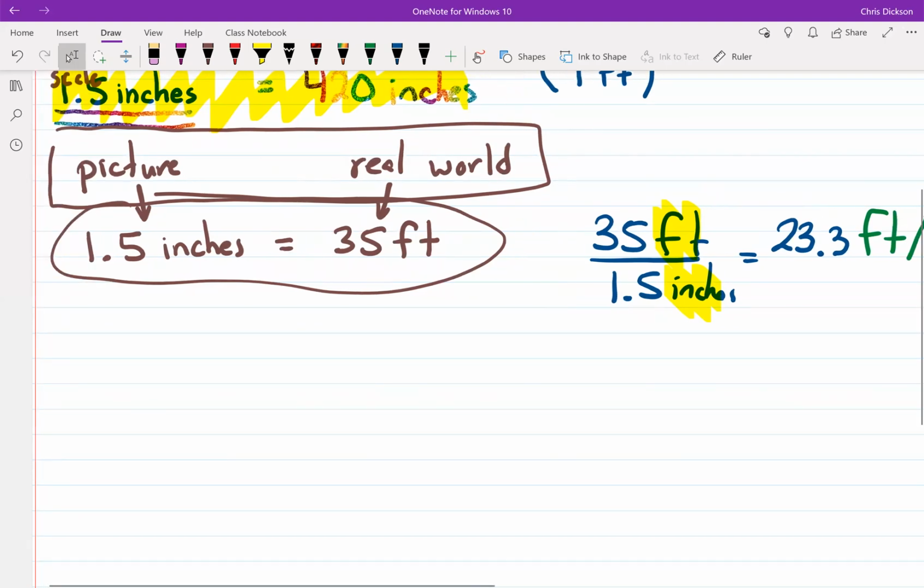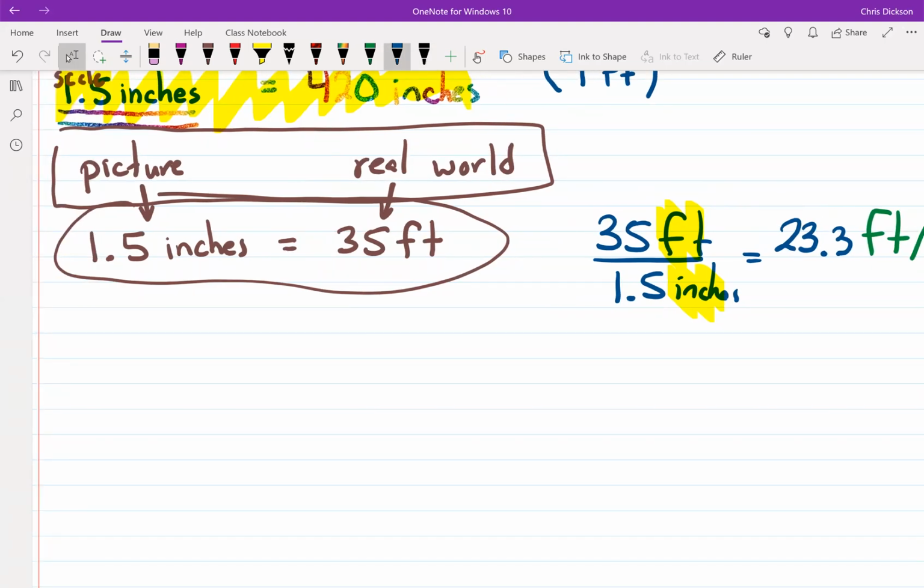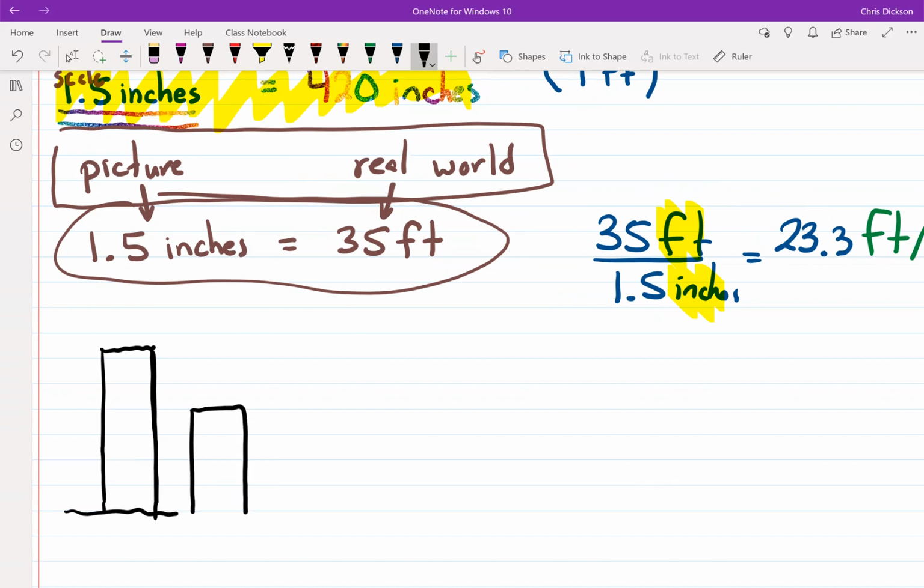Okay. So let's say you're looking at a really tall building downtown, and someone draws a picture of it. Draw me another building here. You can see I'm a really good artist. And let's say the first building is building A, and this is building B, because it's a city full of math people that name their buildings with letters.